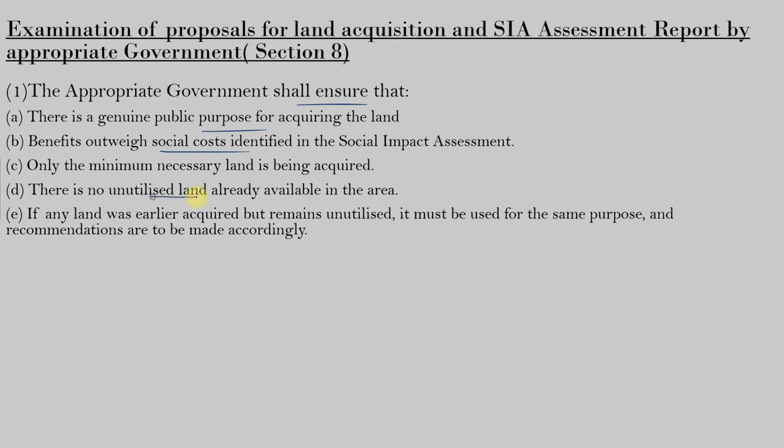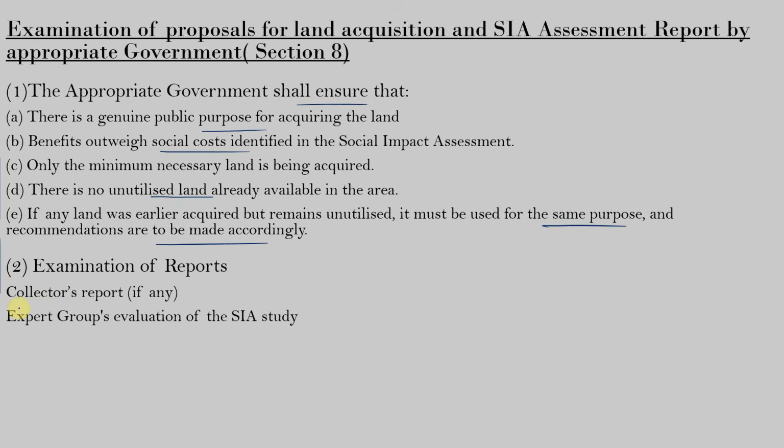There is no unutilized land already available in the area. If any land was earlier acquired but remains unutilized, it must be used for the same purpose and recommendations are to be made accordingly. So, all those things which were done in the social impact assessment study, the government once again will ensure.